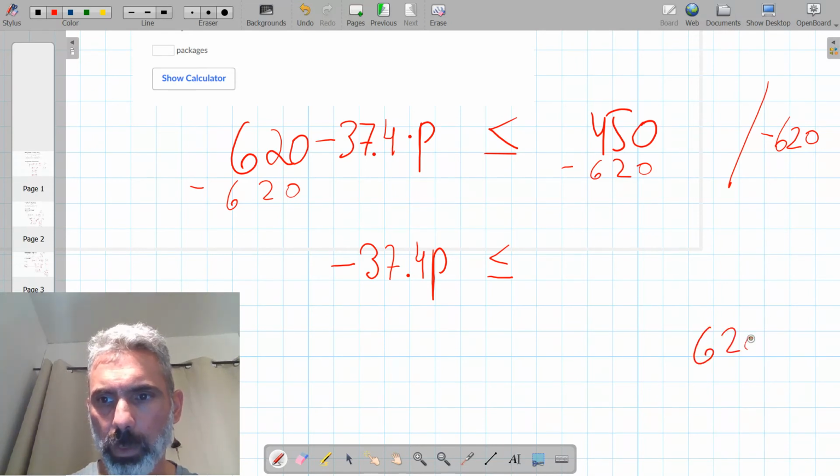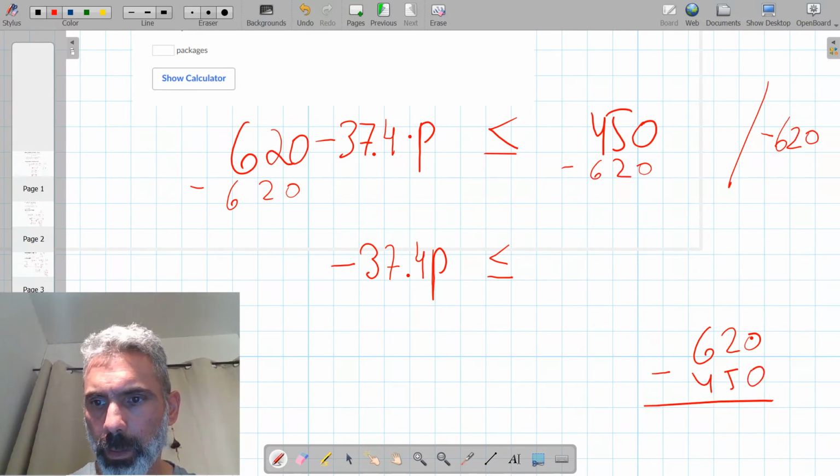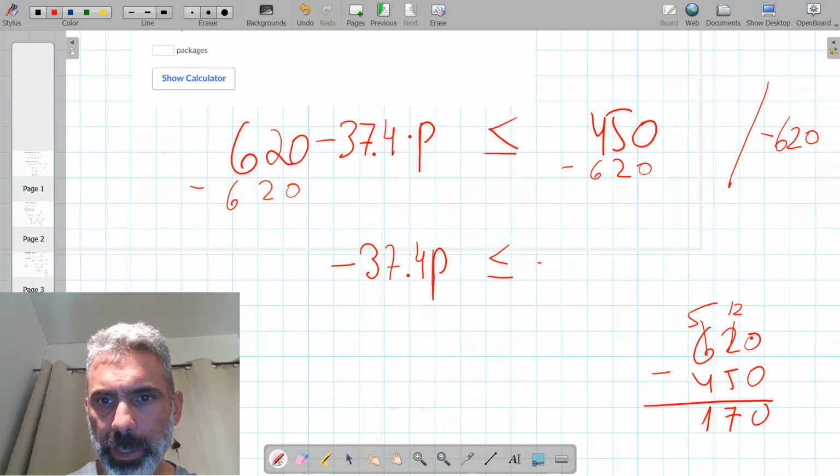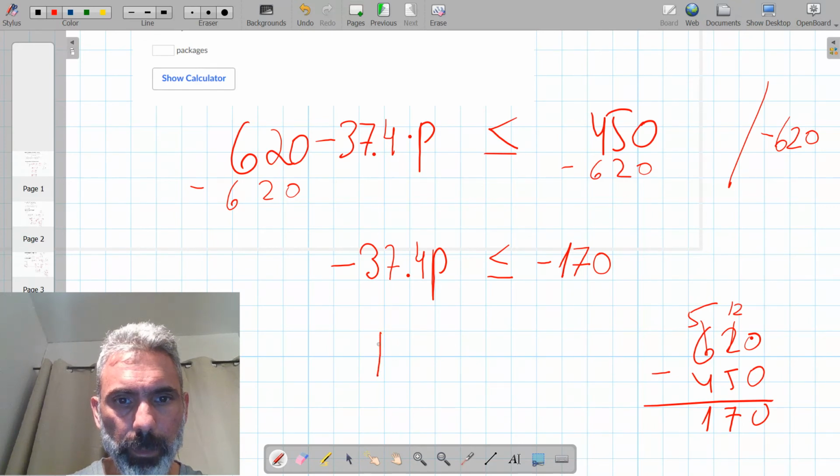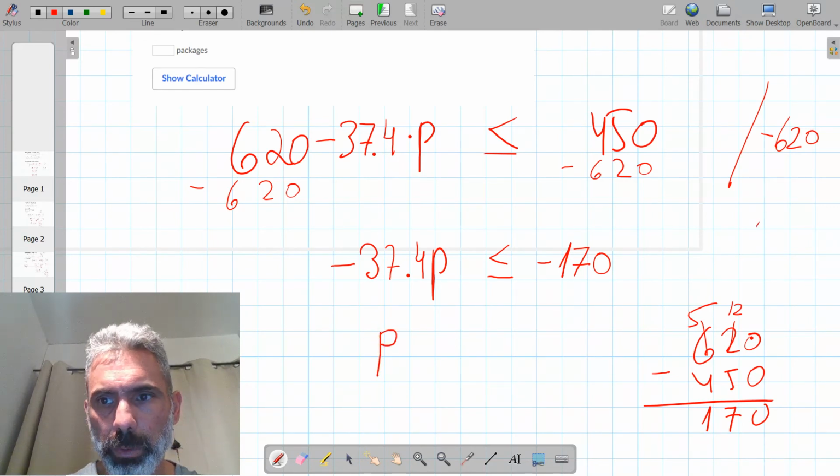The difference between the two is 620 minus 450. So this is 0, regroup, so this is 5 and this is 12. 12 minus 5 is 7, 5 minus 4 is 1, and the result 170 is negative because 620 is greater than 450, so the result here is minus 170.